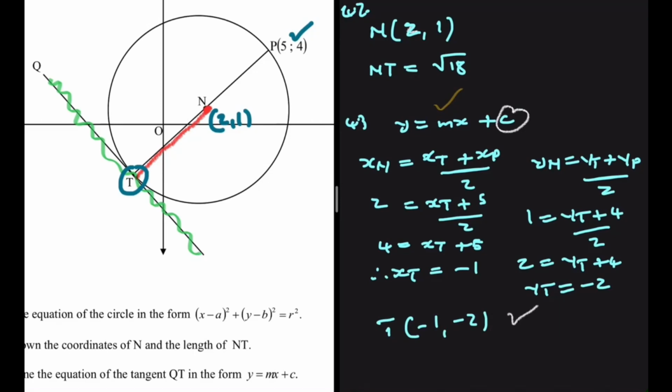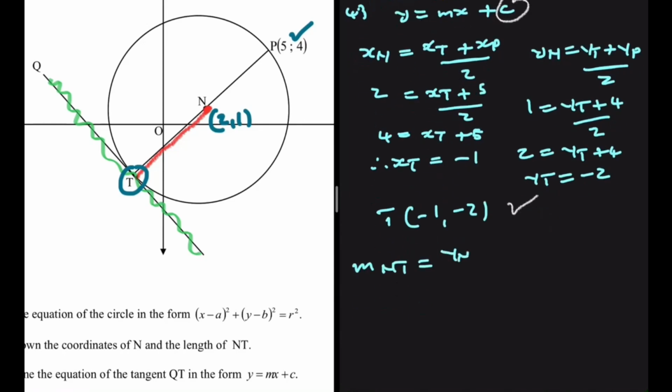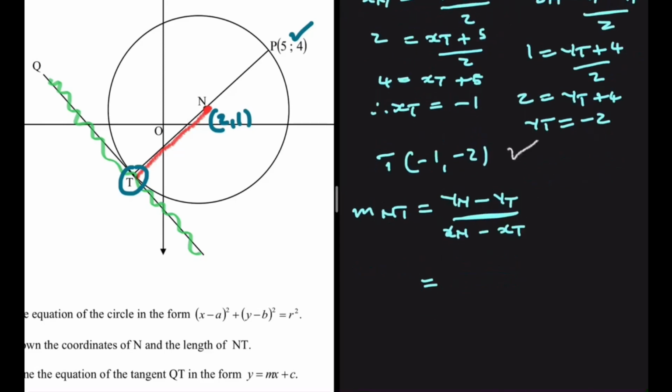So we can go ahead and find the gradient of qt. The tangent is perpendicular to the radius. So if we find the gradient of the radius, then we can use that to find the gradient of the tangent. We're going to have the gradient of nt being equal to y of n minus y of t, divided by x of n minus x of t. y of n is 1, minus y of t, which is minus 2.